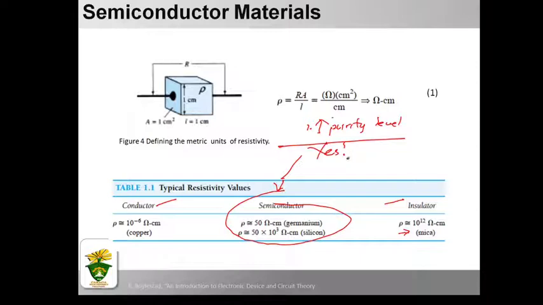Because if you consider the addition of 1 part impurity per million in a wafer, for example, if we have a wafer and you add an impure material to it, the silicon material can change from a relatively poor conductor to a good conductor of electricity. Imagine that. With that single impurity material, it can transform this whole silicon wafer from a poor conductor to a good conductor.